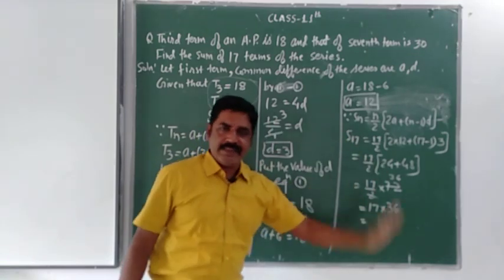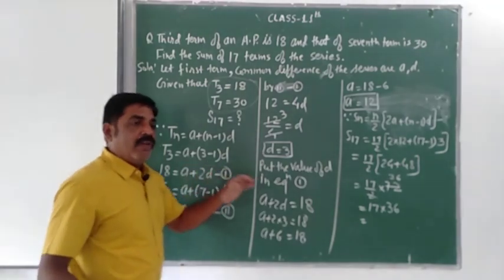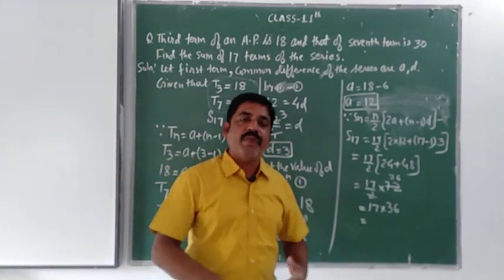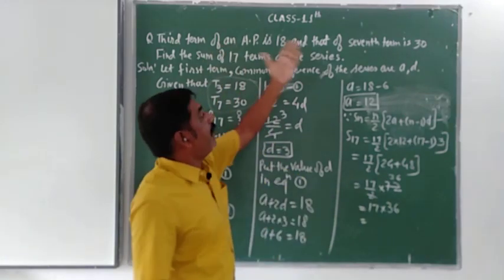You have to multiply, right? So this is the question. So in this question what we have given? We have given the nth term and we have to find sum of n terms. So what we have given is third term and seventh term.